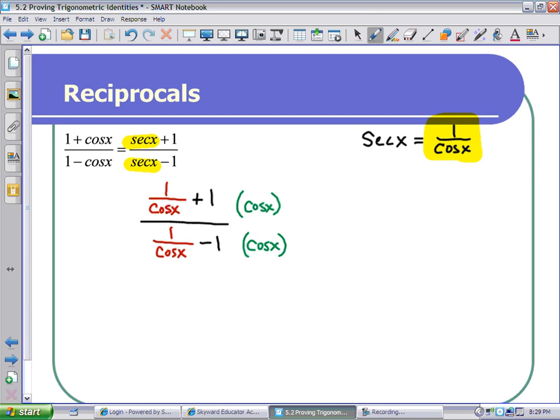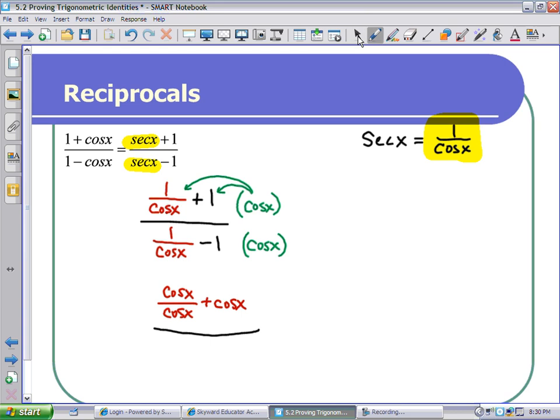So take the cosine x, and that's going to get multiplied by that first fraction, which is going to give you cosine x over cosine x. And then I'm going to take cosine x times 1, which is going to give you plus cosine x.